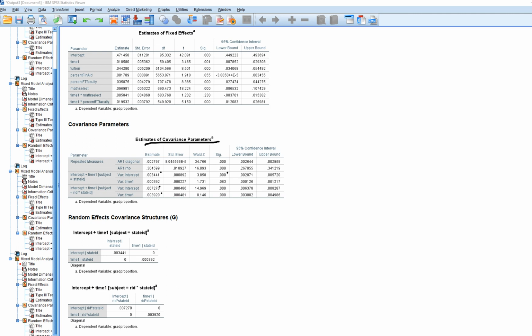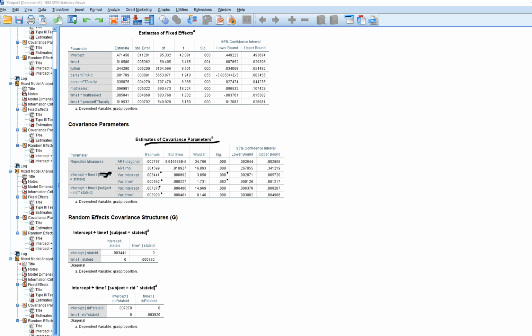Basically the initial status across states still had significant variation, so we can include a level 3 predictor to account for that. And then we also see the variation in time, the growth trajectory across states. This is the variance estimate, and you can see it's kind of near significant.